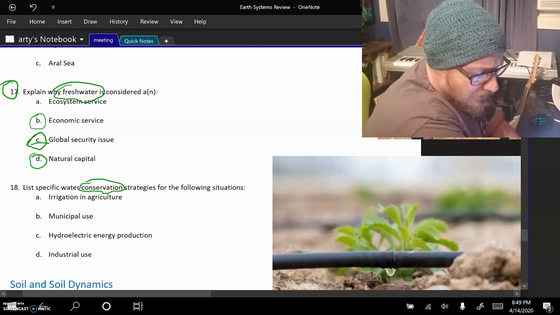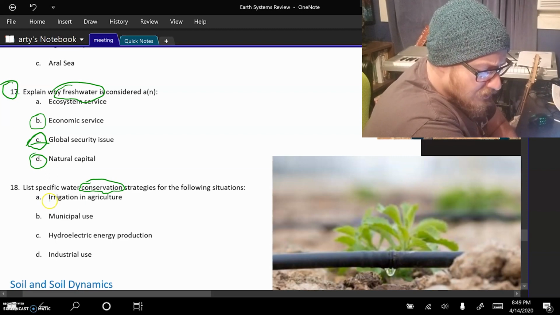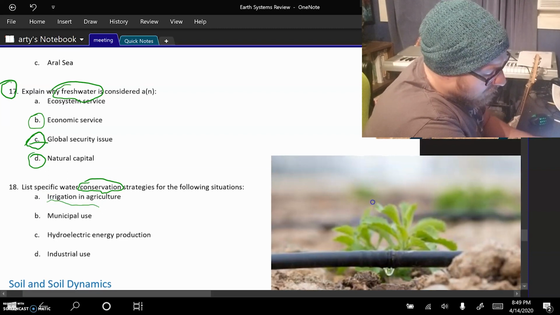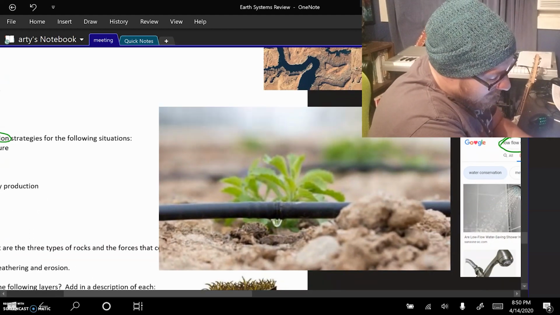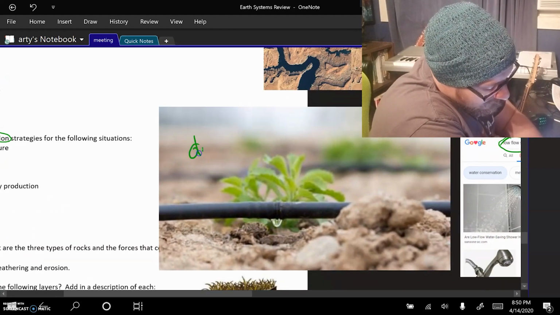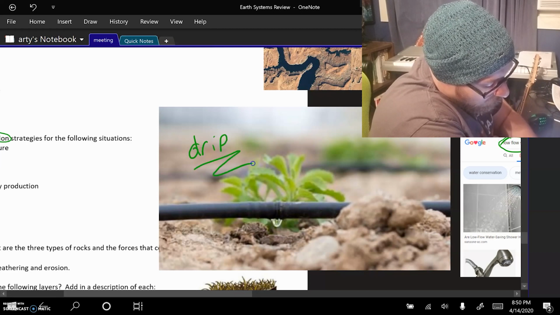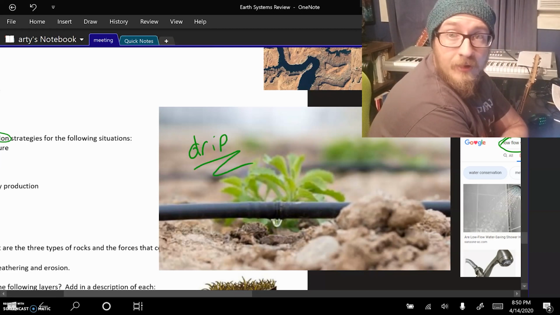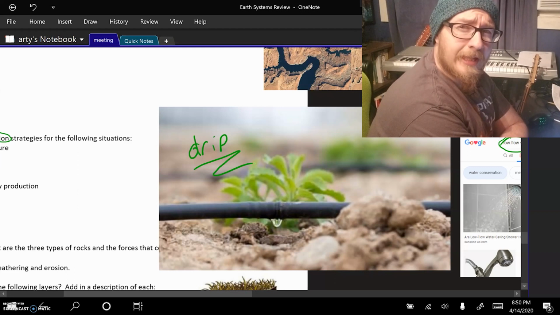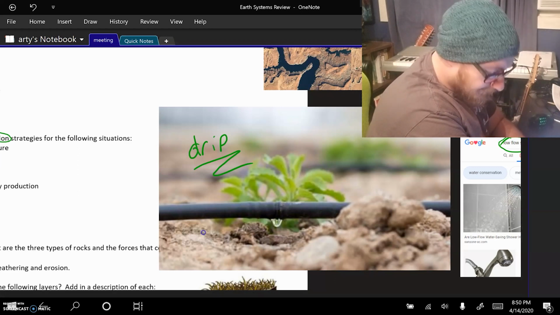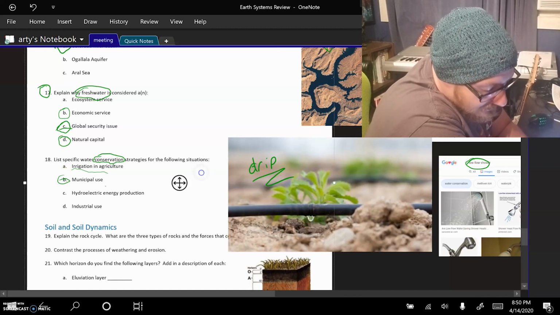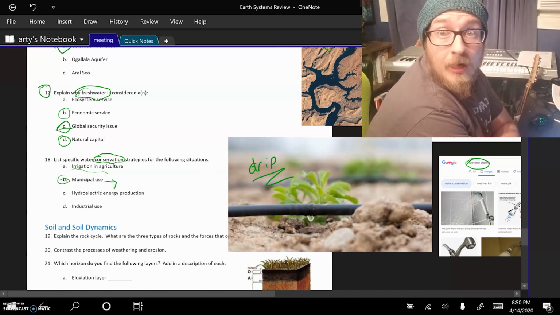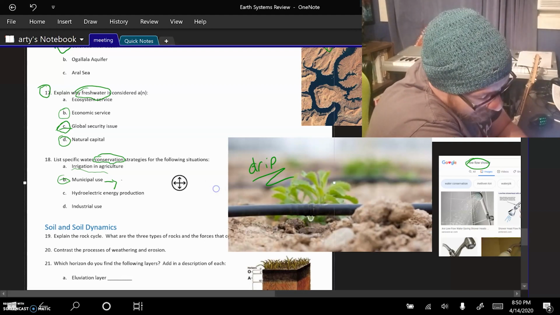So one of the things we can do to conserve water in agriculture is to use more responsible irrigation methods. We learned about a couple. We learned that drip irrigation is the most efficient and the most water responsible way of irrigation. So we can switch to drip irrigation for the majority of our crops. Municipal means city use. So the biggest issue right now in freshwater conservation is actually pipes.